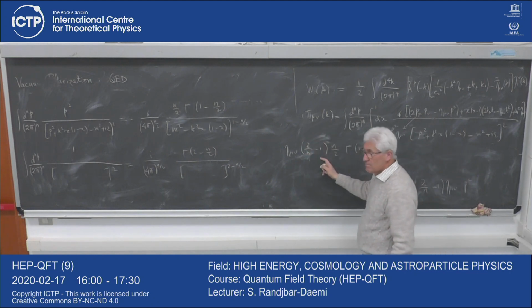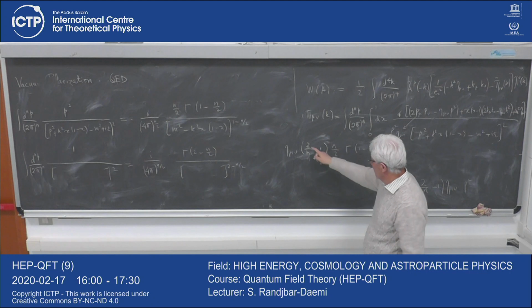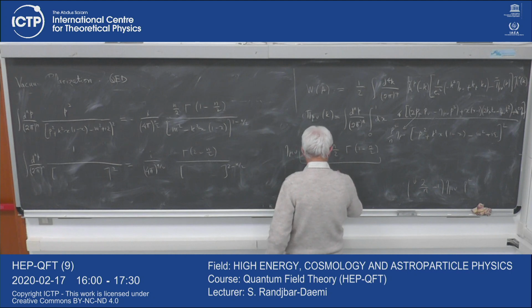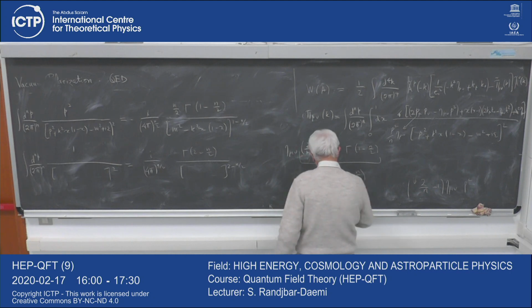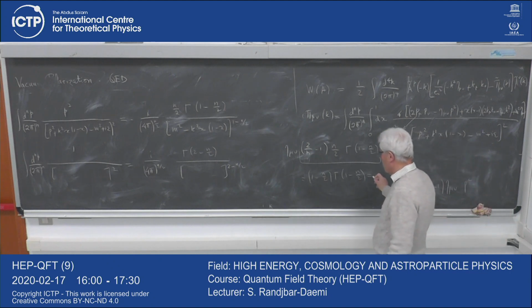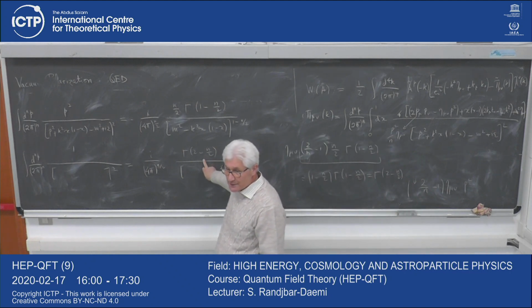But you see, when you multiply this, n over 2 times 2 over n gives you 1 minus n over 2. So this part becomes 1 minus n over 2 times gamma of 1 minus n over 2. And what's this? This is z times gamma z, which is gamma of z plus 1. So it becomes gamma of 2 minus n over 2, the same gamma function which is on the numerator of the second term.